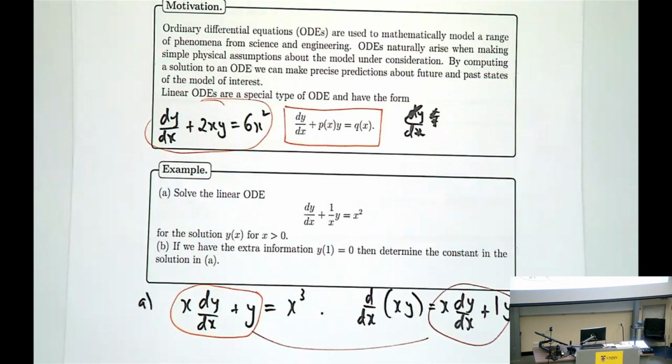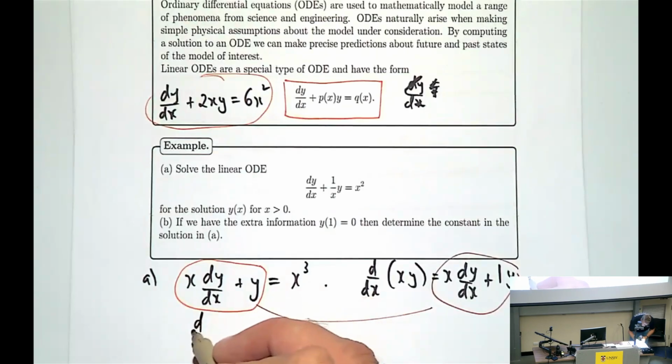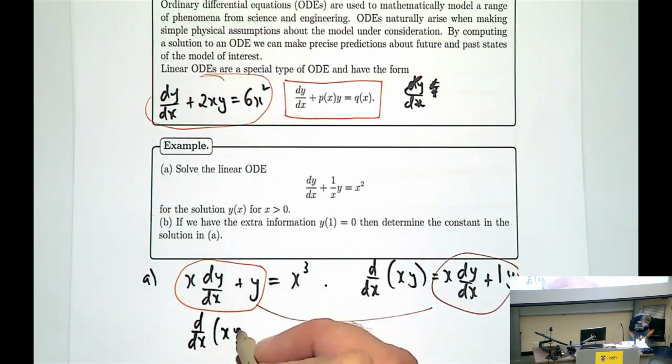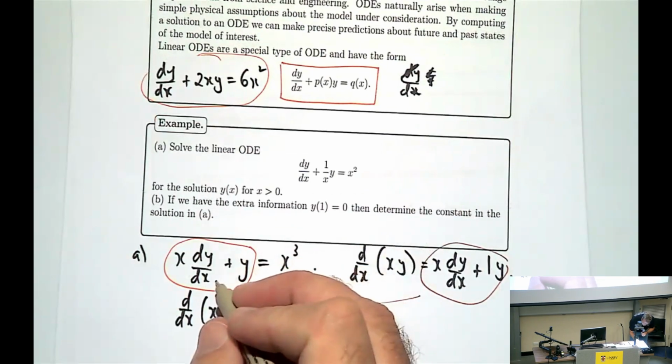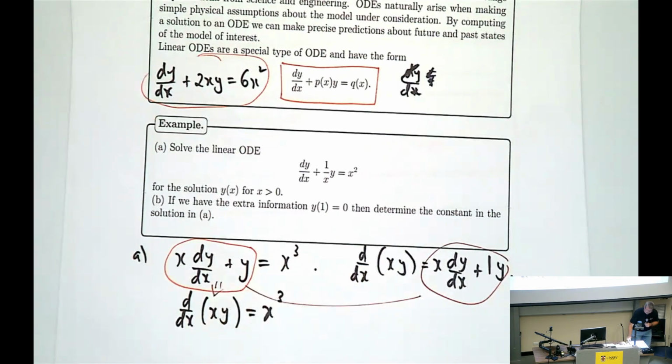So how can we use that to solve this kind of problem? Well, I'm glad you asked. So this goes to that, and now we've got the derivative of something equals a function of x. So what can I do? I can integrate, get rid of the d dx by integrating with respect to x.